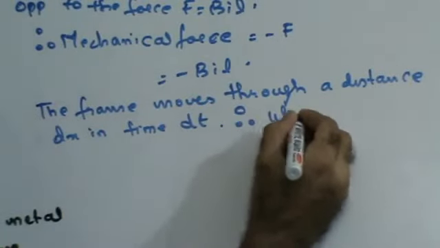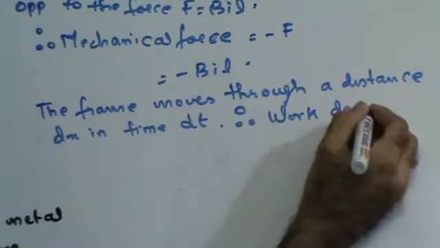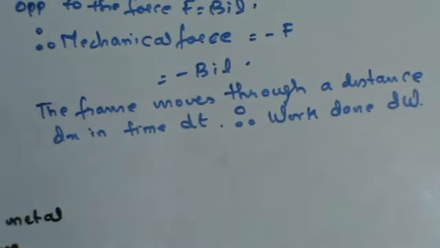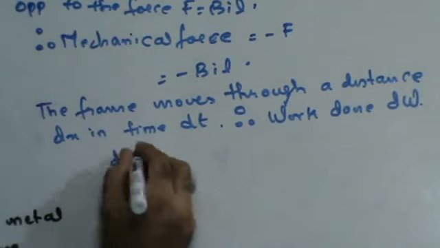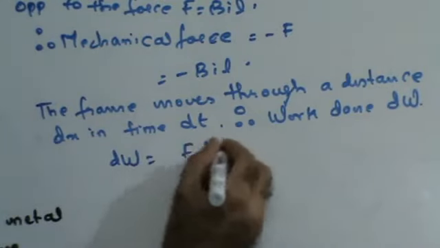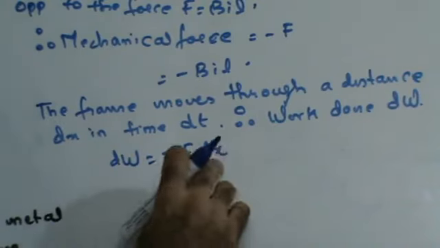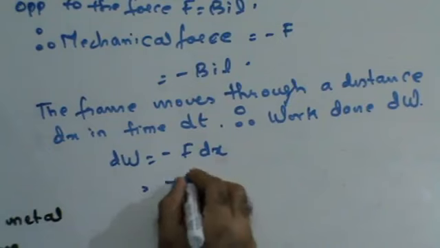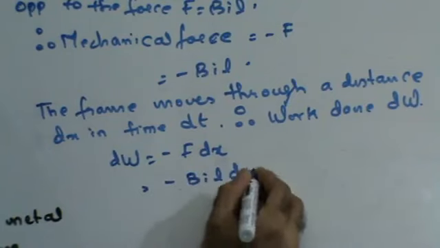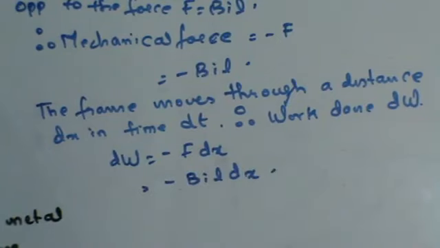Therefore, work done dW. Work we know is nothing but force into displacement. In this case, work is done in the direction opposite to the applied force. Therefore, this is going to be negative F. This force is your mechanical force into displacement, which is nothing but minus BIL into dx, right?